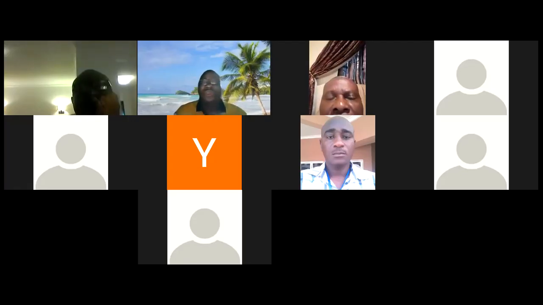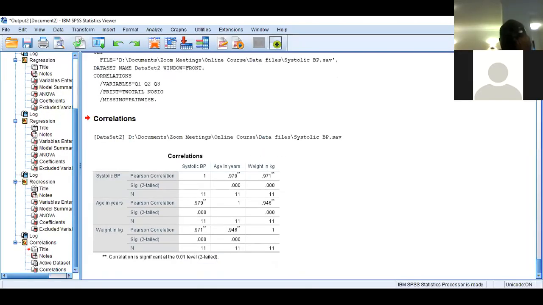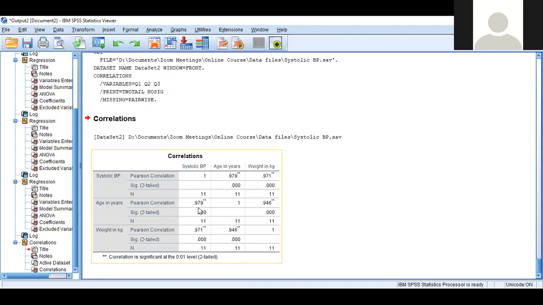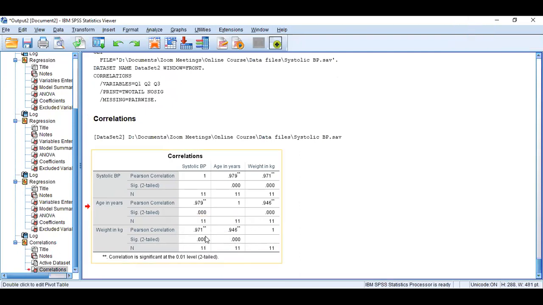Let me share the output. Can you see the output? You see, the correlation of age with systolic blood pressure is 0.979, a very strong correlation. With weight it is 0.971, also very strong. But weight and age also correlate at 0.946.